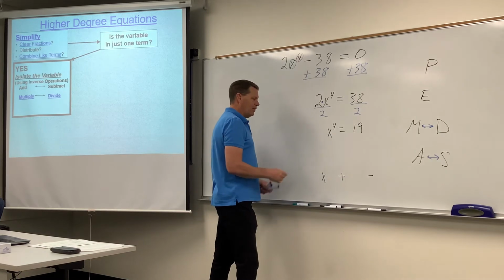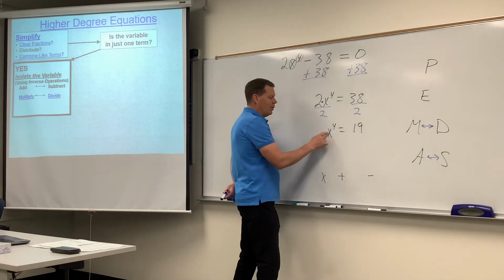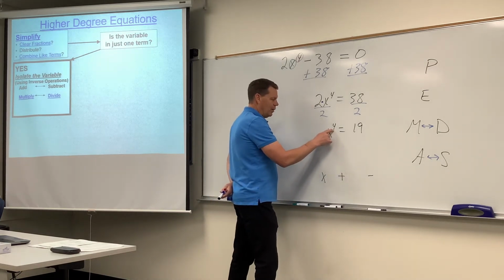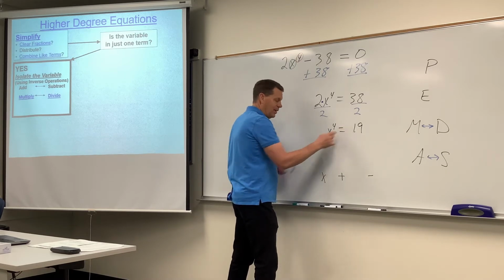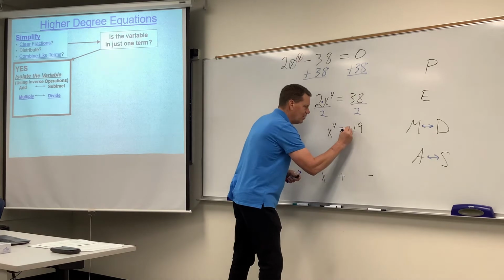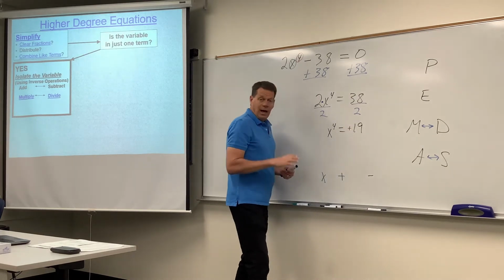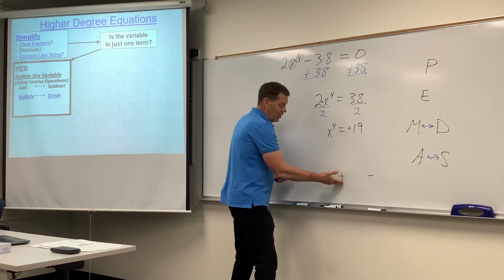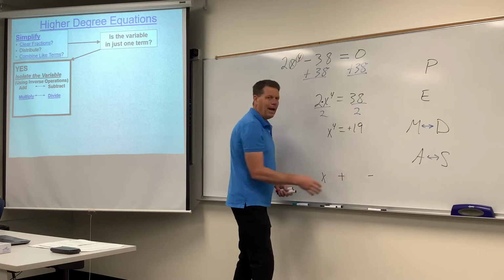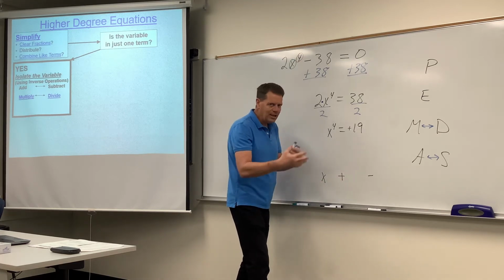So let's think about this. If you were to plug a positive number in there for x and raise it to the fourth power, isn't a positive number to the fourth power positive? And I'll point out that that 19 over there is indeed a positive number. So I would suggest to you that x could indeed be a positive number, so we're going to keep that one. Again, there are 4 scenarios and they all behave in different ways.